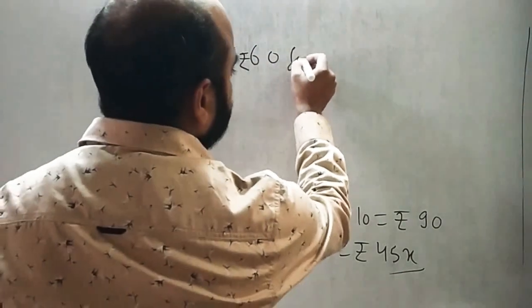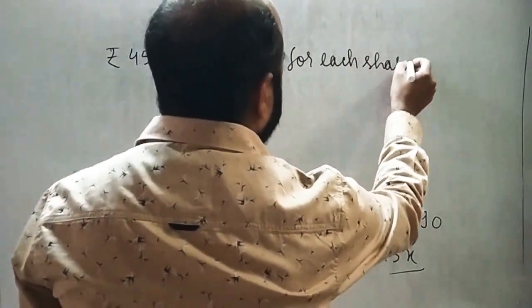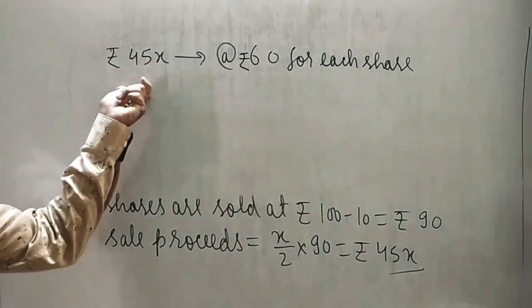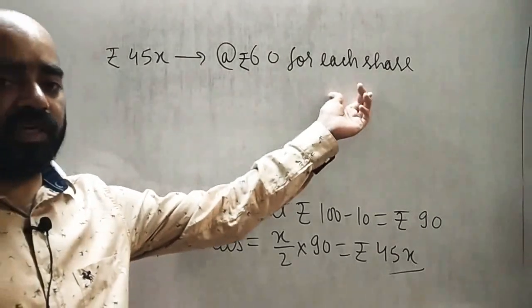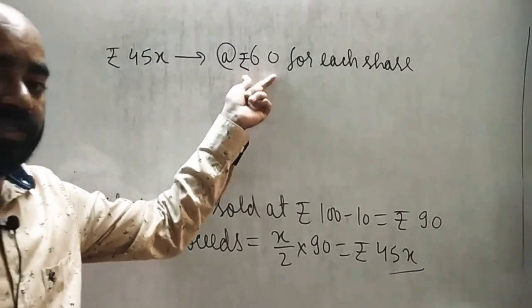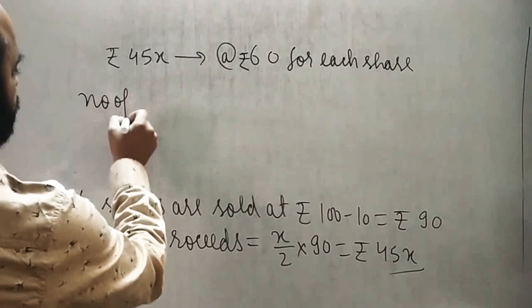This is for each share. See, understand this. ₹45x is the total amount he has to invest. He is going to invest in shares of market value ₹60 each. So what is the number of shares he can purchase?